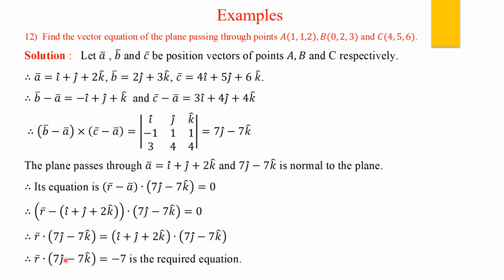Take this term on the RHS. Here the term of i is absent, therefore 1 into 0 is 0. 1 into 7 is 7. 2 into minus 7 is minus 14. 7 minus 14 equals minus 7. This is the required equation of the plane.